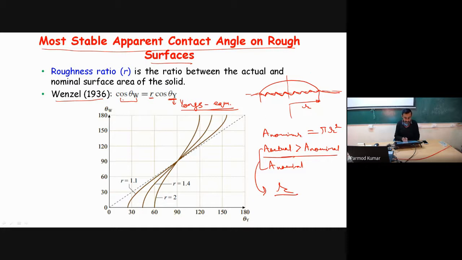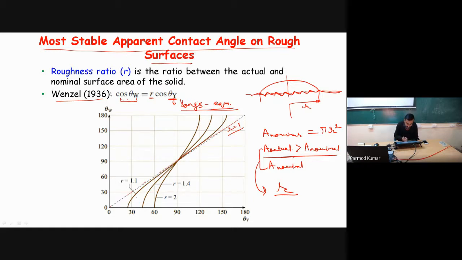When this ratio is multiplied with cos of the Young's contact angle, it gives us the most stable apparent contact angle corresponding to the most stable state on the Gibbs free energy hysteresis plot, and this is called the Wenzel contact angle. So you can see when our ratio is equal to 1, then this dashed line represents the angle equal to that of Young's contact angle.